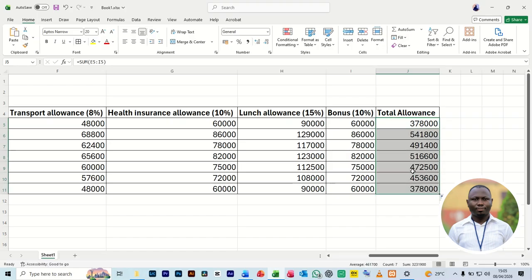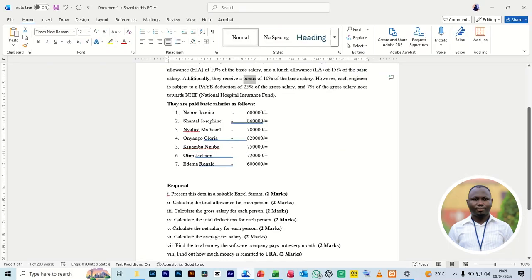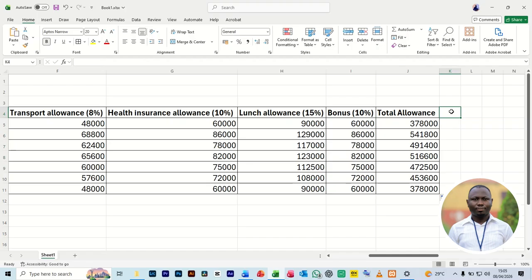Then we move to the next question which we've been asked, which is calculate the gross salary for each person. Now, let's move to the gross salary.